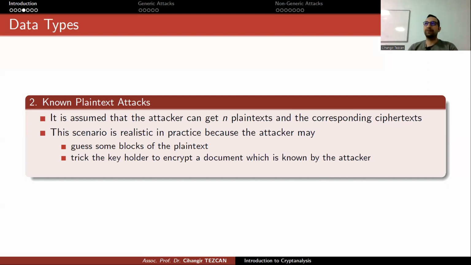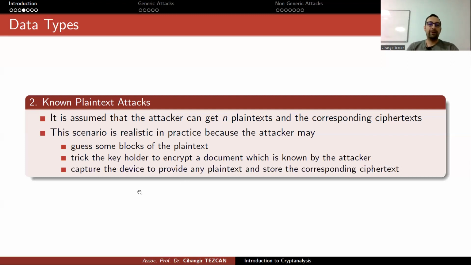They gave some United States officials a document saying that this is a secret document, just encrypt it and send it back to the United States. But they listened to the communication. So they gave the plain text themselves and listened to the communication and obtained the ciphertext. This way they obtained both the plain text and ciphertext.